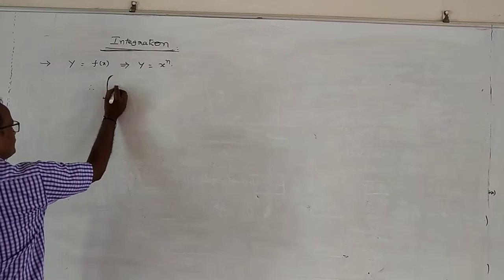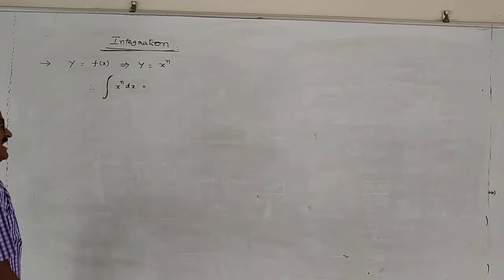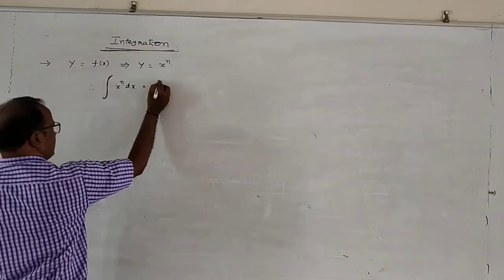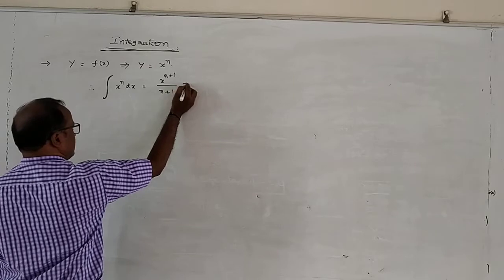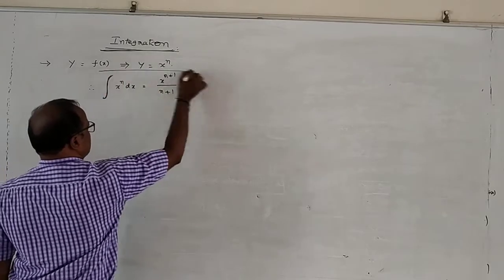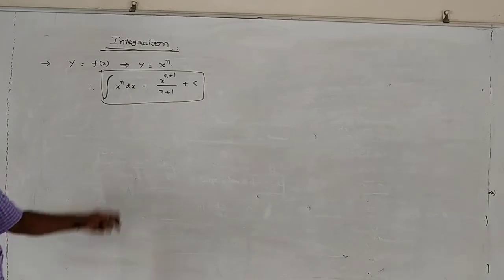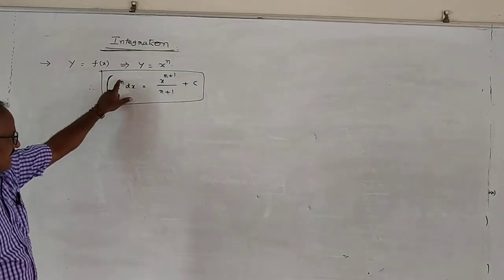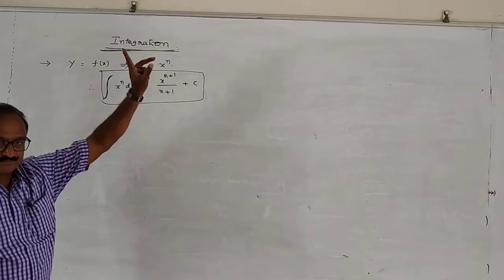Integral x power n into dx is equal to x power n plus 1 by n plus 1 plus c, where c is called the integral constant. This is the basic formula. Integral x power n into dx is equal to x power n plus 1 by n plus 1 plus c. This is basic.